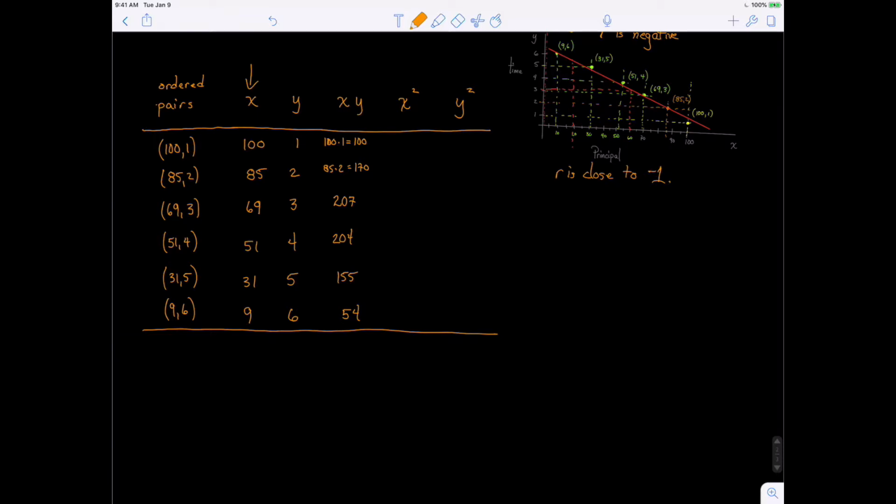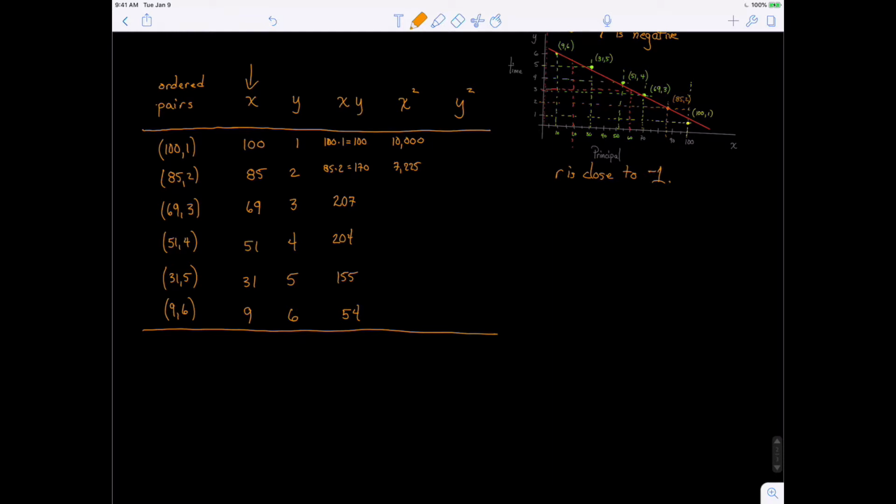Then we have our x squared. So in the first one, 100 is the x. We square it to get 10,000. So 100 squared is 10,000. Then 85 squared is 7,225. And I know these are some big numbers, but we can deal with this.